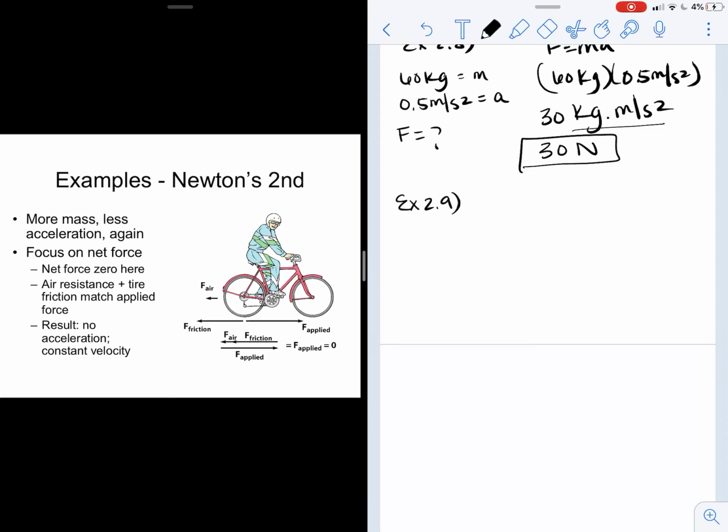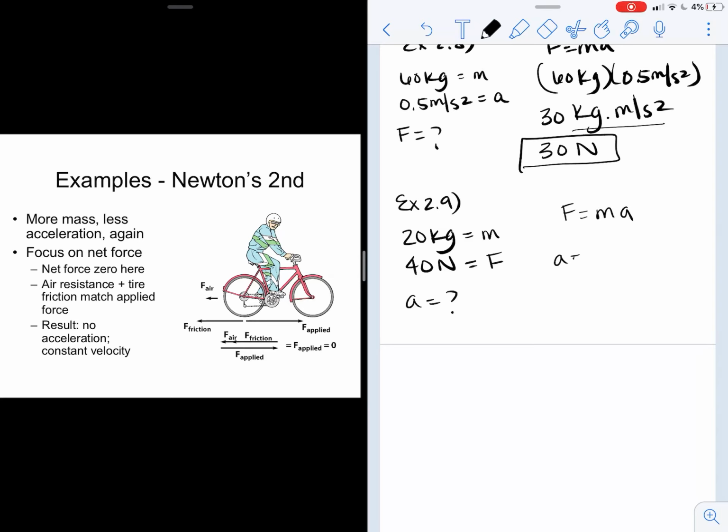All right, so let's do example 2.9 really quick. This is saying, what is the acceleration of a 20 kilogram cart that has a net force of 40 newtons? Okay, so 20 kilograms is mass, 40 newtons is force, and it wanted us to find acceleration. So do we need to rearrange the equation now?